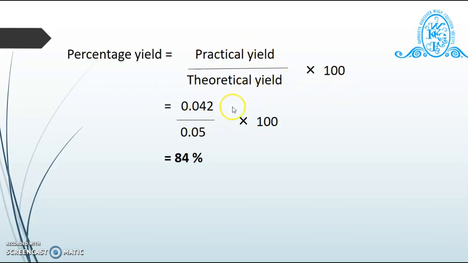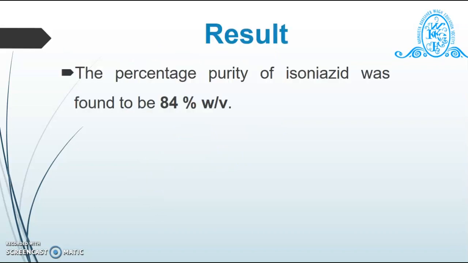Putting the values, that is 0.042 divided by 0.05 into 100, we obtain the percentage yield, that is 84. So the result for today's practical is that the percentage purity of isoniazide was found to be 84% weight by volume.